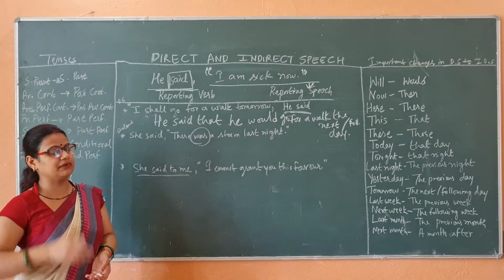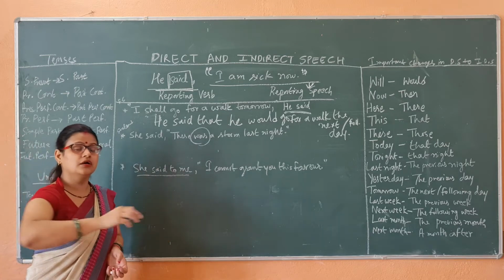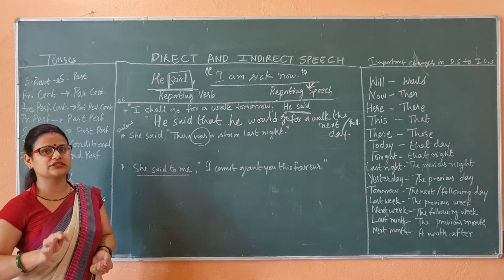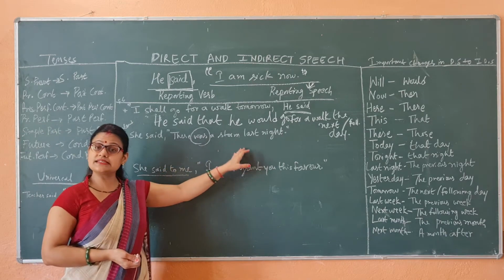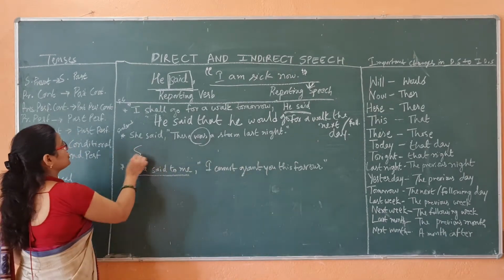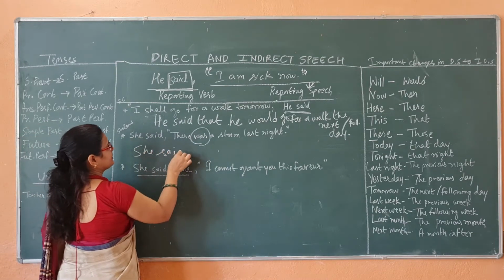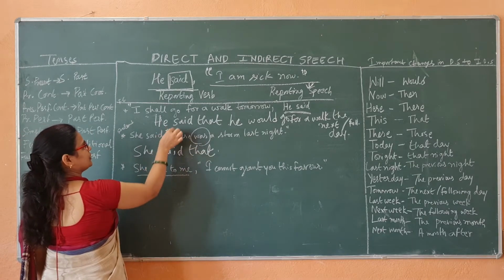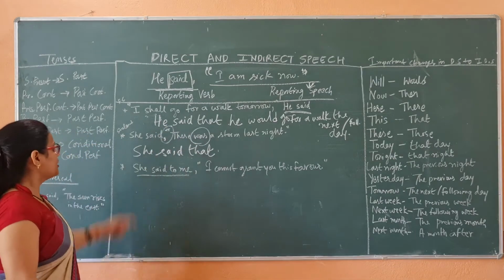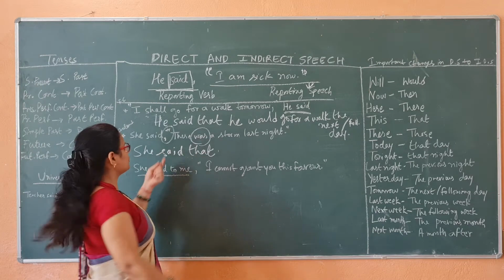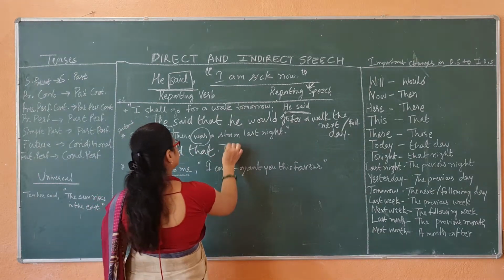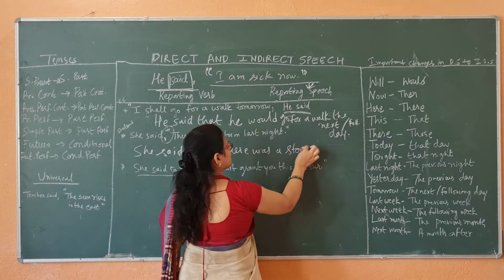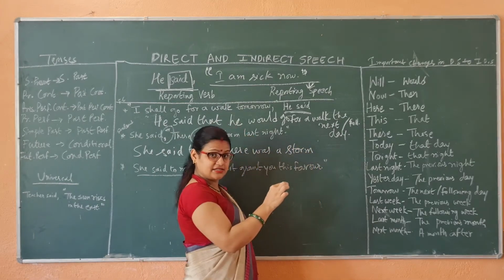If it is not a statement, if it is something like she was very poor, then you can change according to your sentence. But right now it is a statement. So how will you change? She said that. Right? Whenever we change the inverted commas, we put that over there. So she said that there was a storm last night.